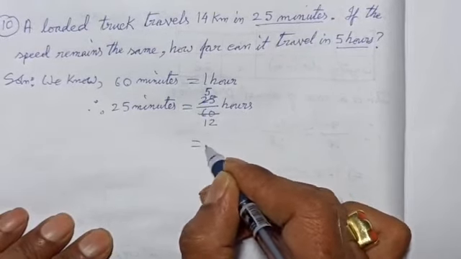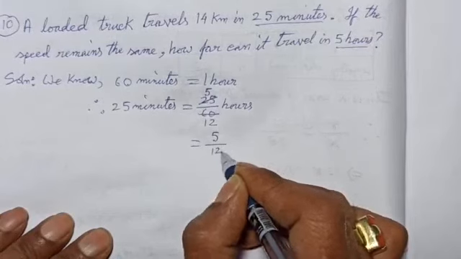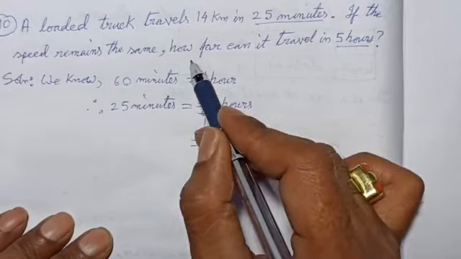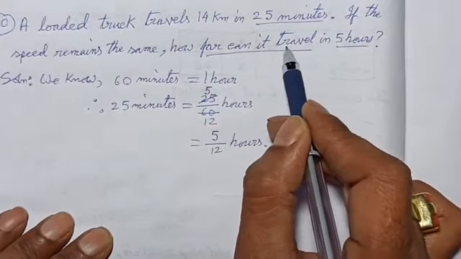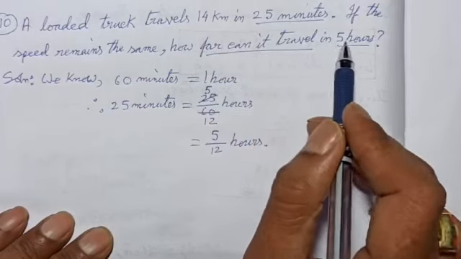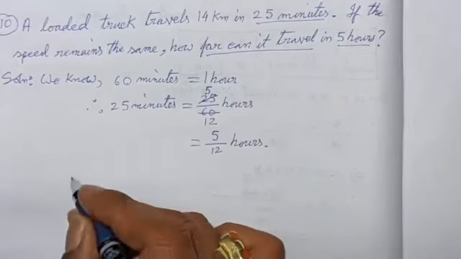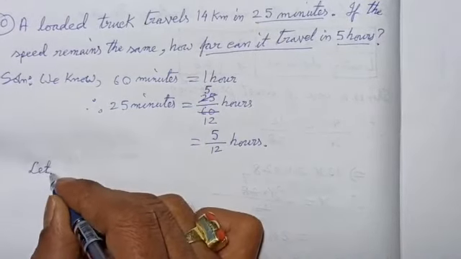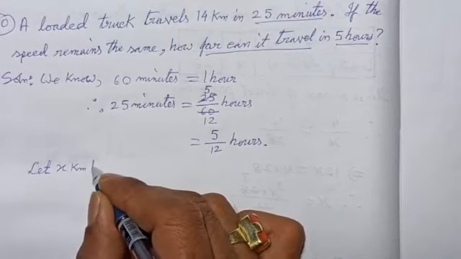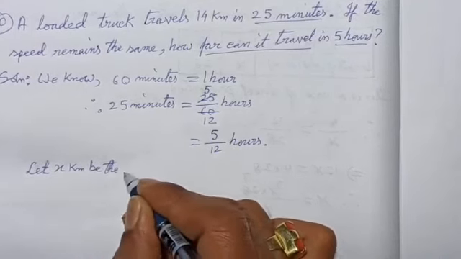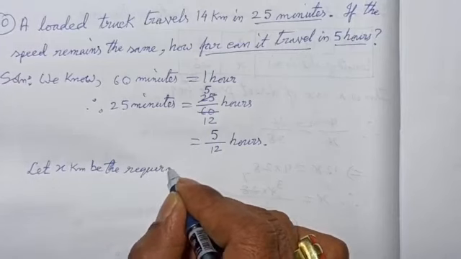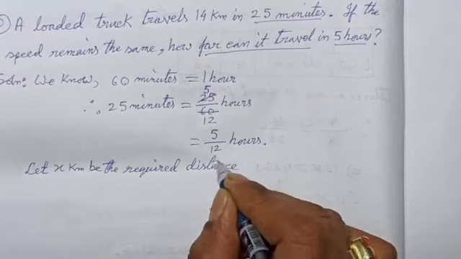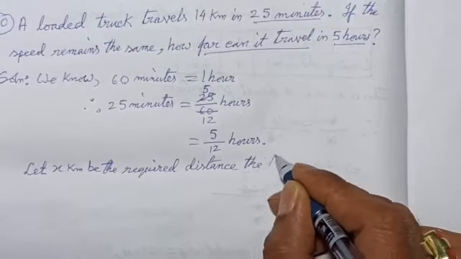So we are getting 5 by 12 hours. And here we have to find out the distance the truck can travel in 5 hours. So let's take it as x. Let x kilometer be the required distance the truck travels.